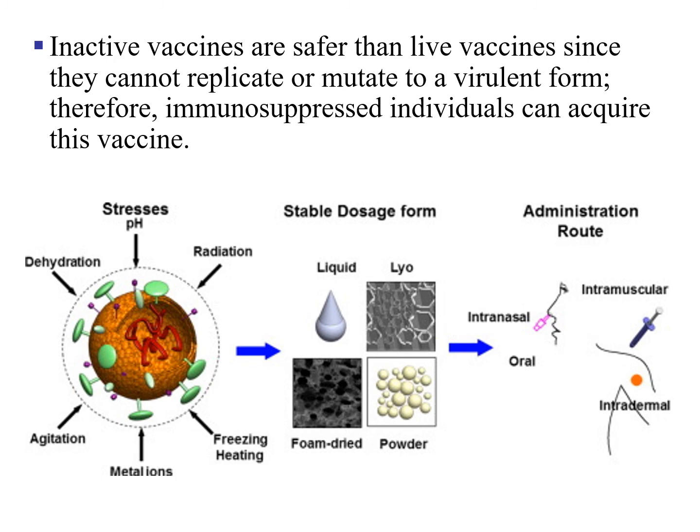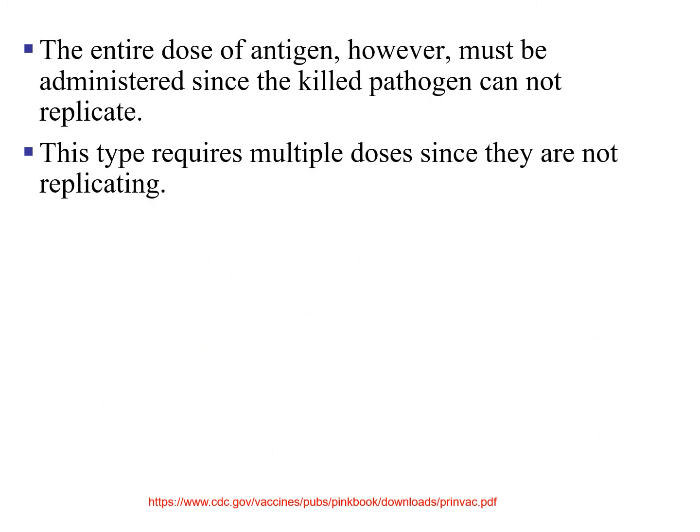Inactive vaccines are safer than live vaccines since they cannot replicate or mutate to a virulent form. Therefore, immune suppressed individuals can acquire this vaccine because it is dead. The entire dose of antigen, however, must be administered since the killed pathogen cannot replicate.